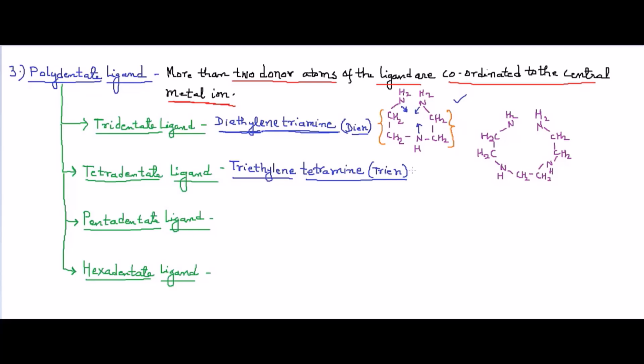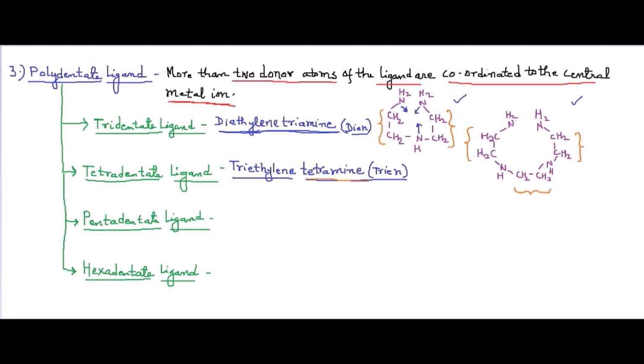So if you look at the structure of this compound, triethylene means there should be three ethylene groups. CH2 here, CH2 here. So we have three ethylene groups and tetraamine. Tetraamine means there should be four nitrogen atoms.